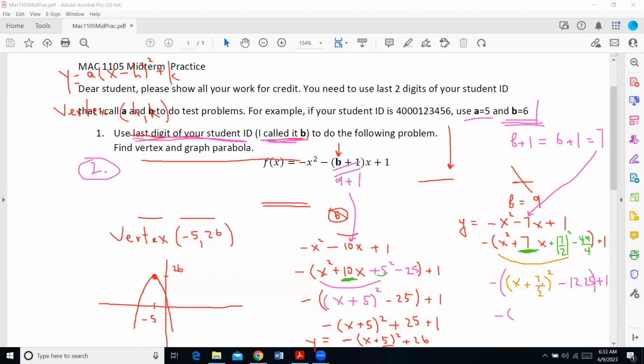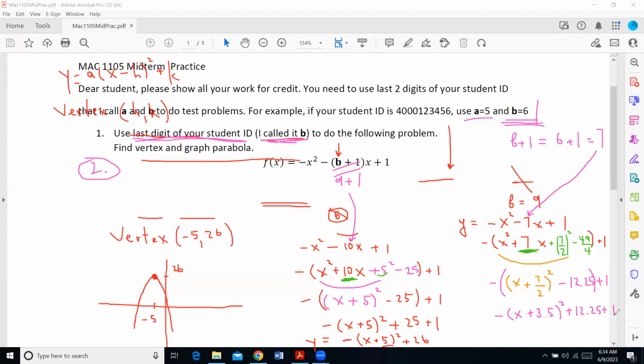So I distribute the negative, we get X plus 7 over 2, or you can put it as 3.5, squared. And then you distribute the negative, so it becomes positive 12.25. And then you still have that plus 1.